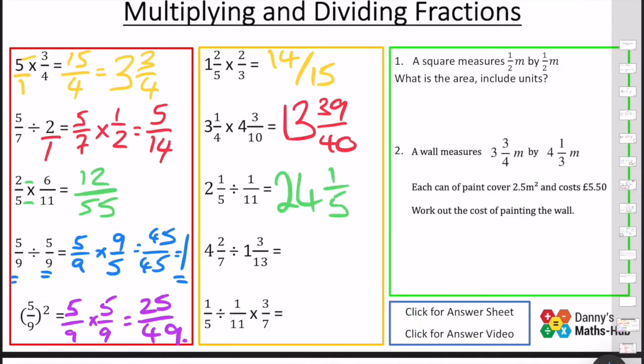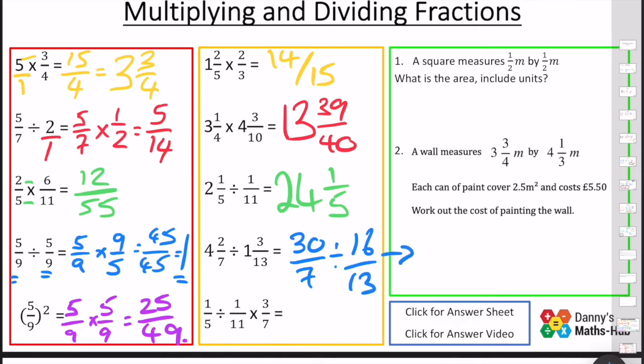So 4 and 2/7 divided by 1 and 3/13. Convert into an improper fraction. 4 times 7 is 28. Add the 2. 30 over 7. Divided by 1 and 3/13. 1 times 13 is 13. Add the 3 is 16 over 13.